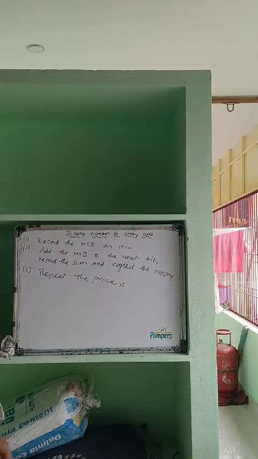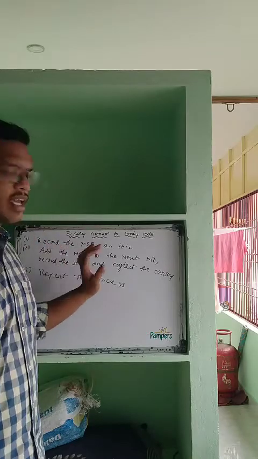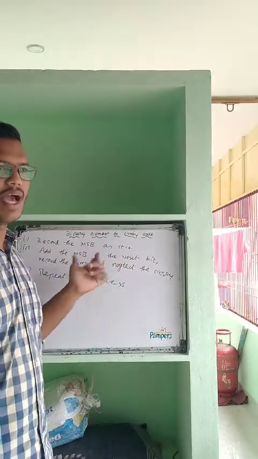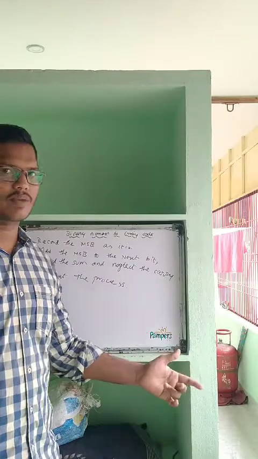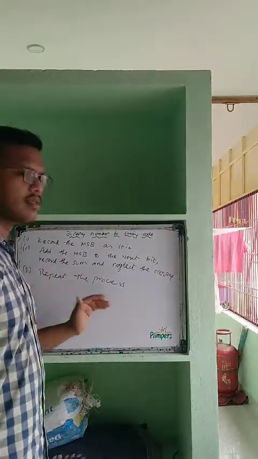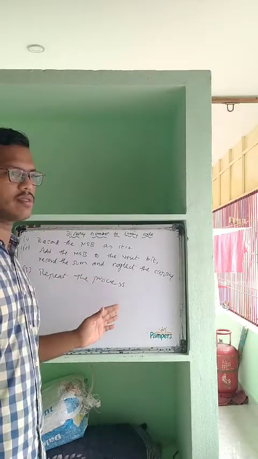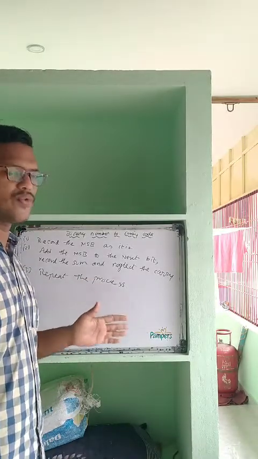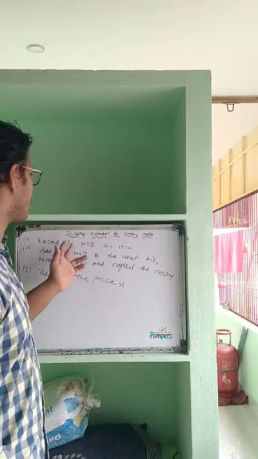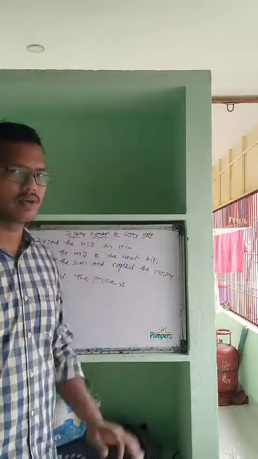First we record the MSB as it is. Add the MSB to the next bit. Then record the sum and neglect the carry, and repeat the process. These are the three points which are useful to solve the conversion of binary number to gray code.